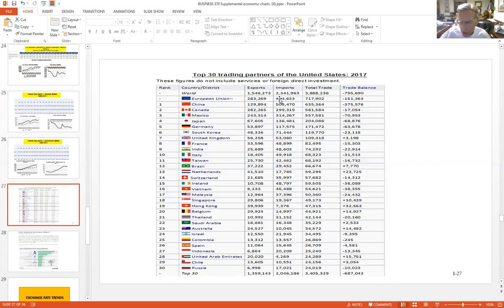Then we can see that China's deficit, the European Union about 150, China about 375, and so forth. But the big deficit is clearly China.